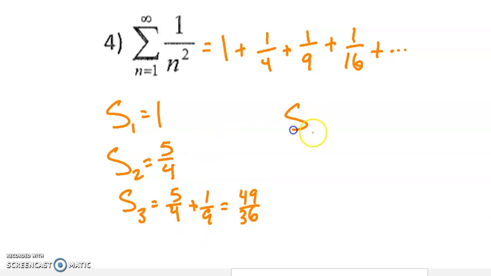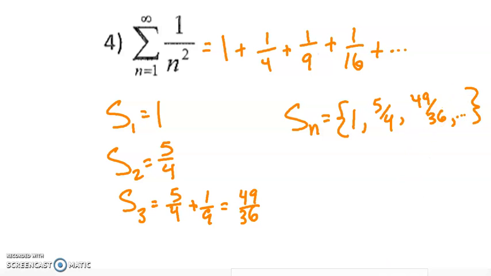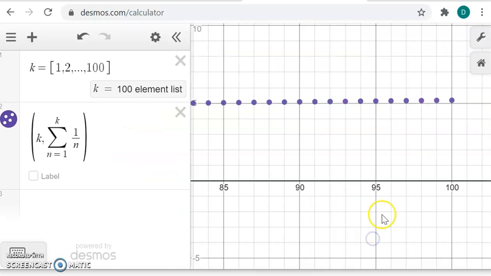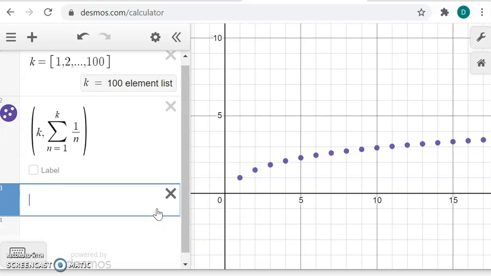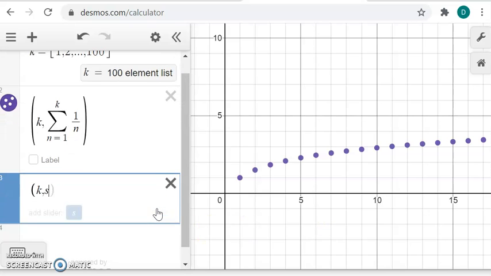So S sub n equals 1, 5/4, 49/36. And then this starts to get a little bit tedious, so I'm going to stop there and go back over to our favorite site, Desmos. And let's look at the related series.